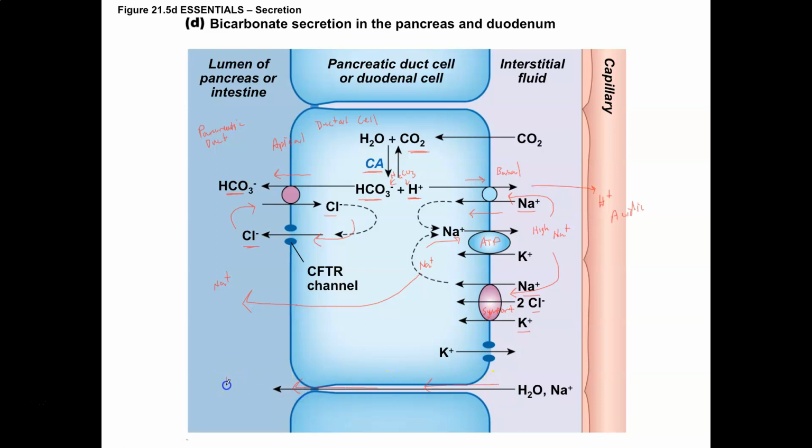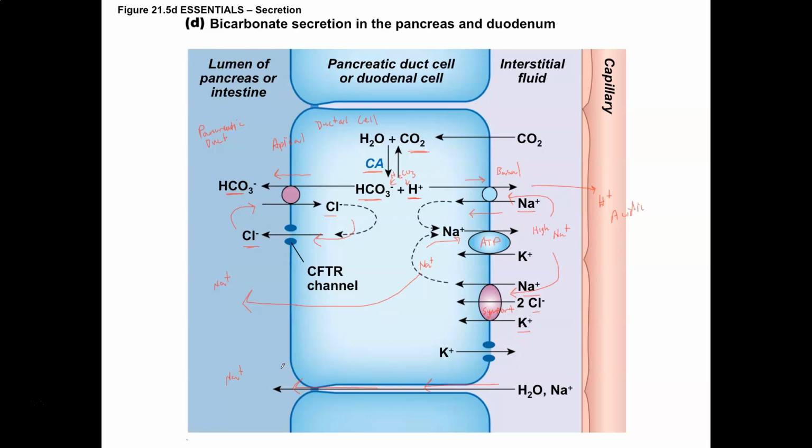Okay? So we get sodium moving this way. And so that's going to give us this sodium bicarbonate that is produced in the pancreatic duct. But again, it's the bicarbonate that we care the most about because that's going to be our buffer for the stomach acids that are coming into the duodenum.